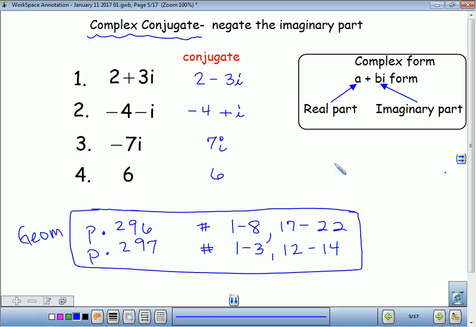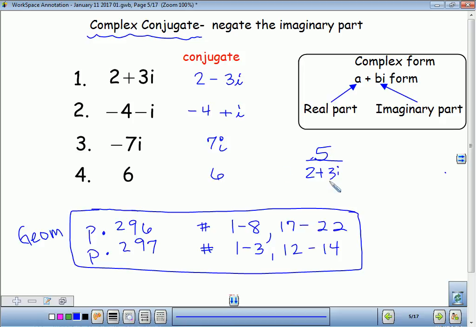Now, last class, this was not enough for them. They're like, conjugate, why? Why am I doing this? And I said, think about it. What does i represent? The square root of negative 1.